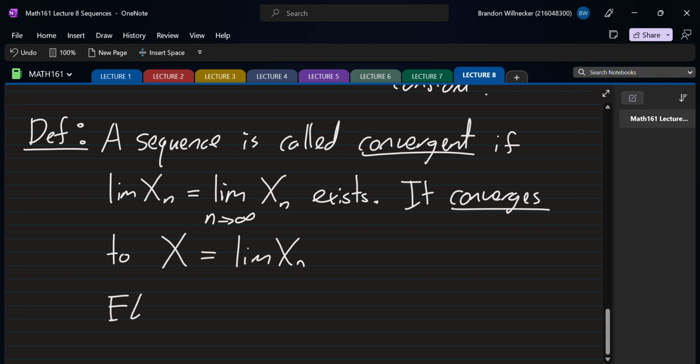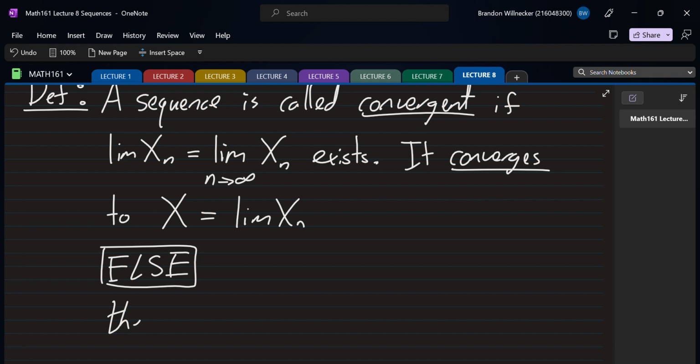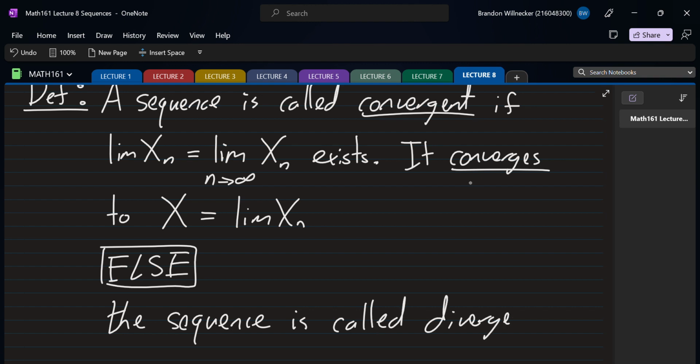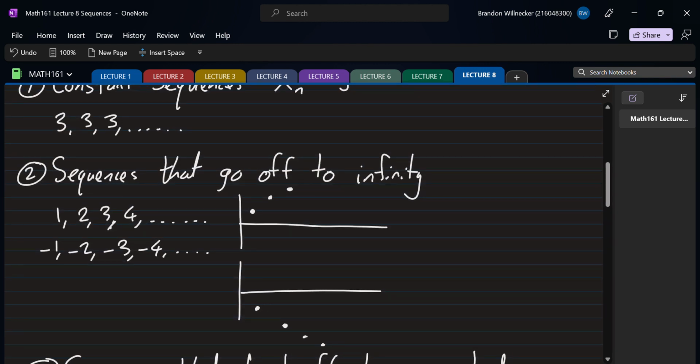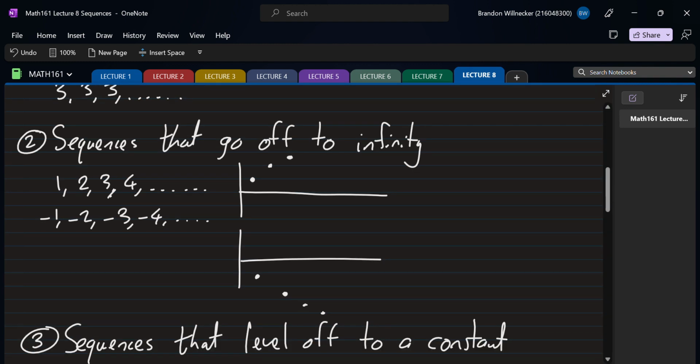Else, the sequence is called divergent. Now you mustn't get confused with this word divergent. We know that these sequences that go off to infinity diverge, like when we looked at just functions diverging. However, with regards to sequences, that is not the only case.